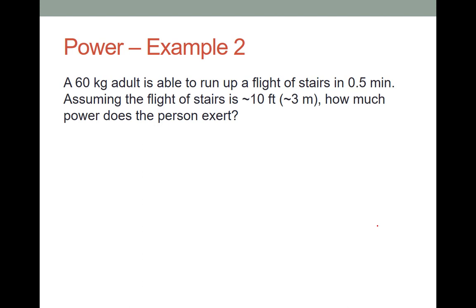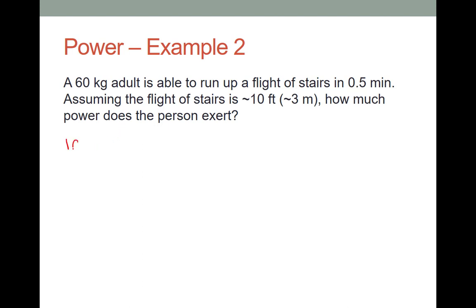To really determine how much power the person exerts, what we would need to know is the normal force between the person and the ground, and we need to know, is this person accelerating up the stairs? We would need to know more information to really be able to find this. But we can put a boundary on it.